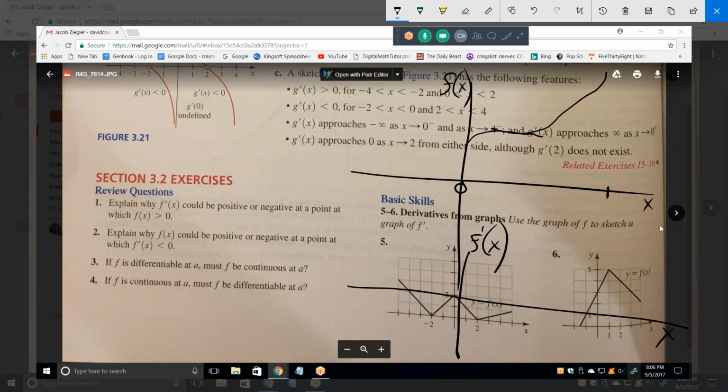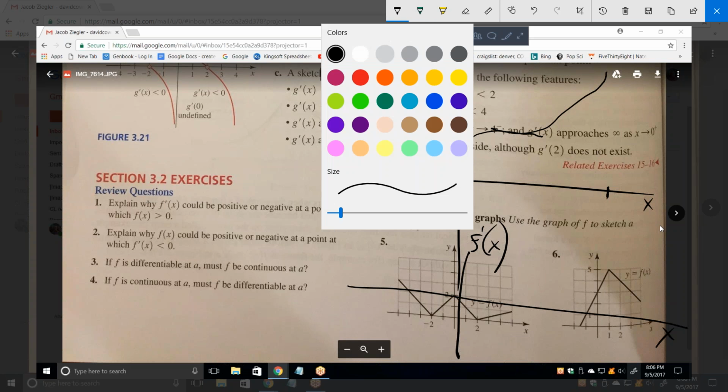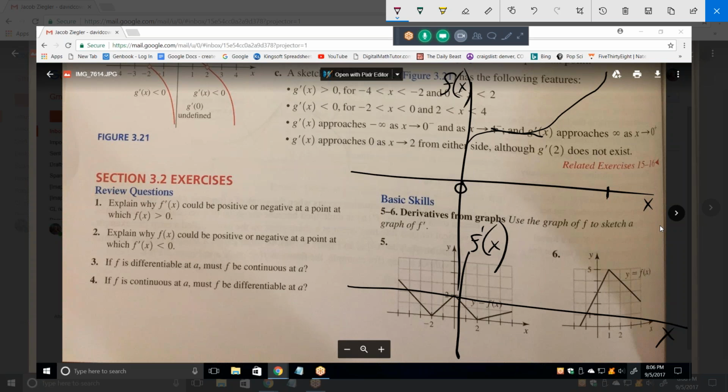Now, if I go back and draw this slope, well, f of x is still positive throughout, right? And yet it's got a negative slope from there to there.